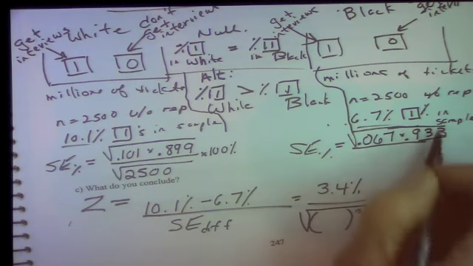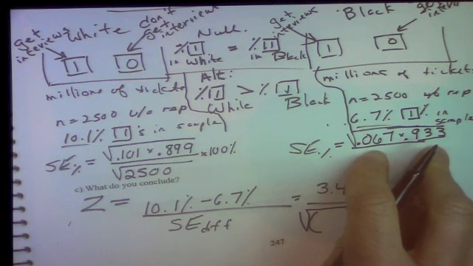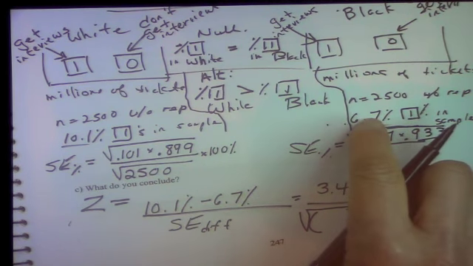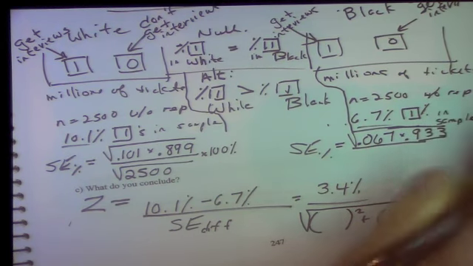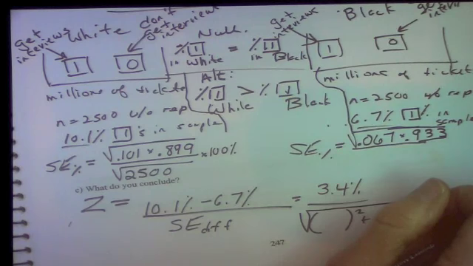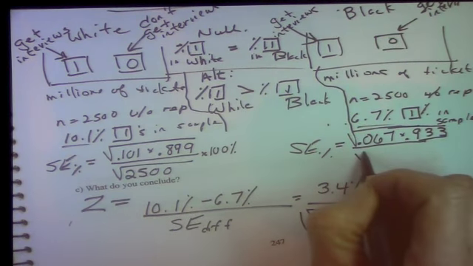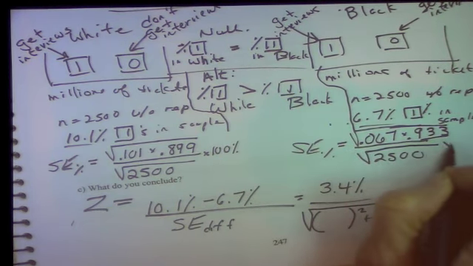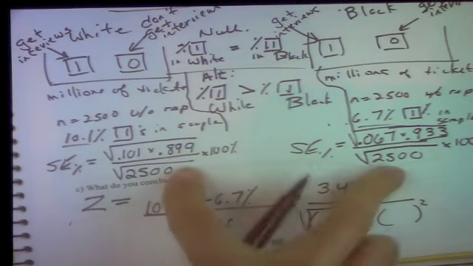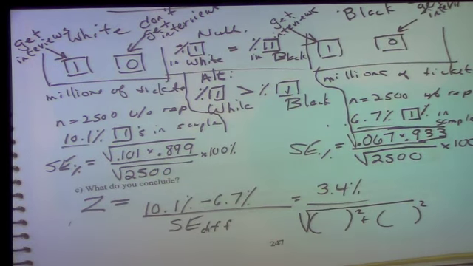Is that correct? That's the SD. Does everybody see that? 6.7 ones and 93.3 zeros in our sample. Questions so far? Now, what's our sample size here? It was the same, times 100. Okay, so we have to do all that out.